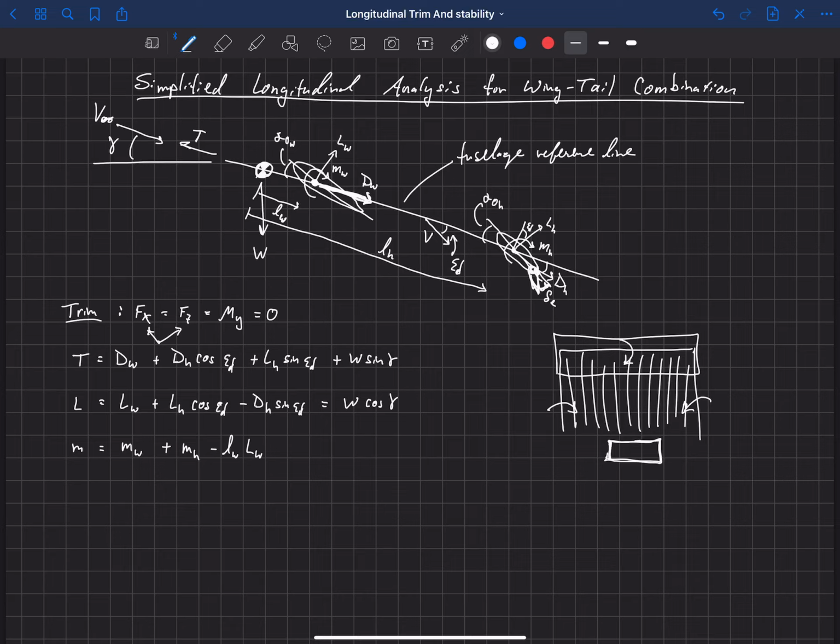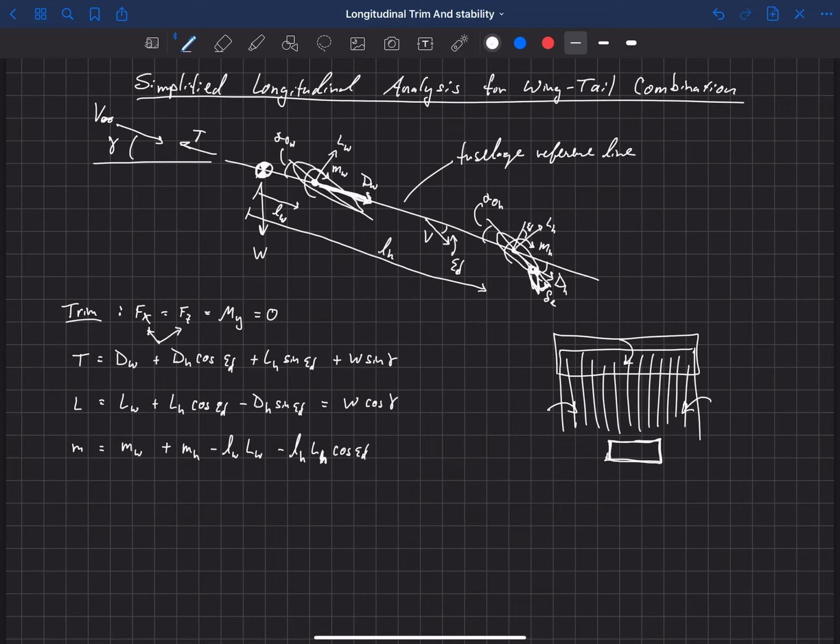And that's going to be negative because if we have a positive l sub w, or positive distance, and positive lift, then that creates a nose down pitching moment. So that's why we have a negative there. Okay, and that's the same with the horizontal. So we also have minus l sub H times capital L sub H of the horizontal. That's an H. But that's rotated by cosine epsilon d.